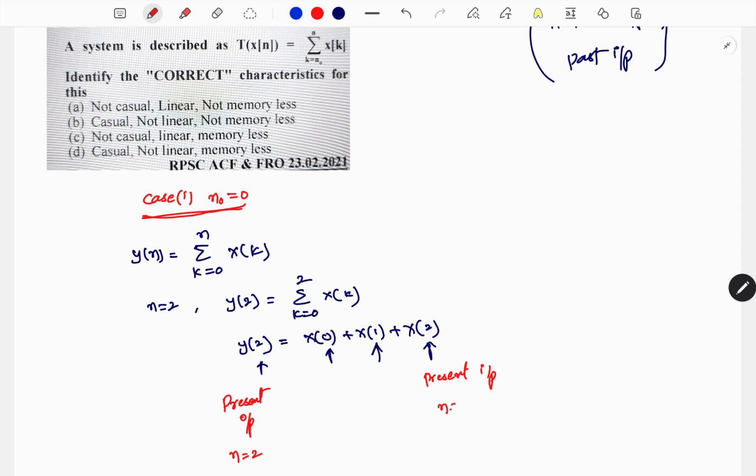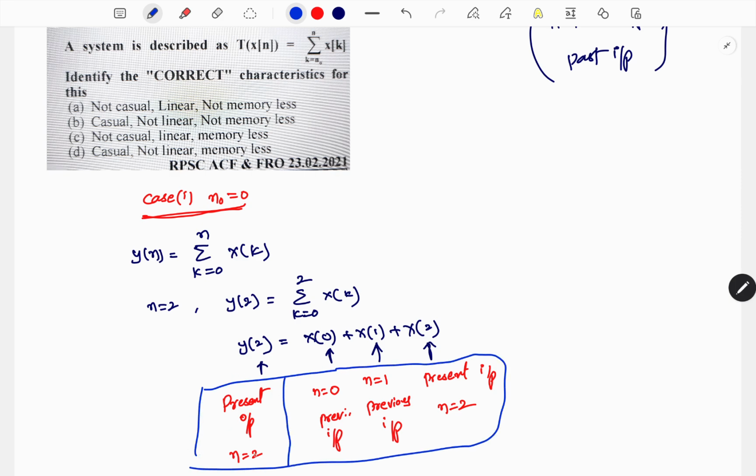Up to this it is okay. But coming to n is equal to 1, it is a previous input. N is equal to 0 is also a previous input. So we will say this is not a memoryless system. It is a memory system.